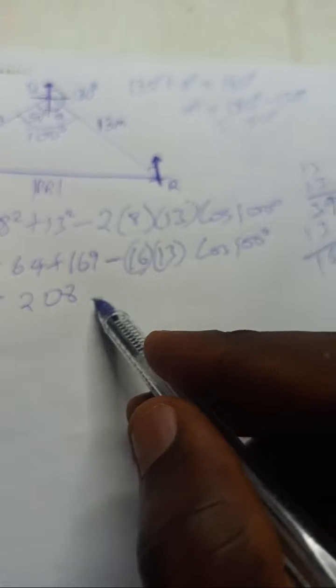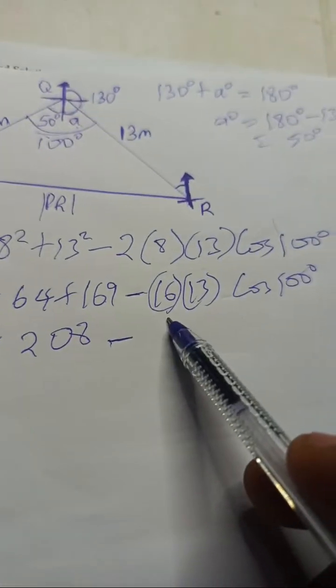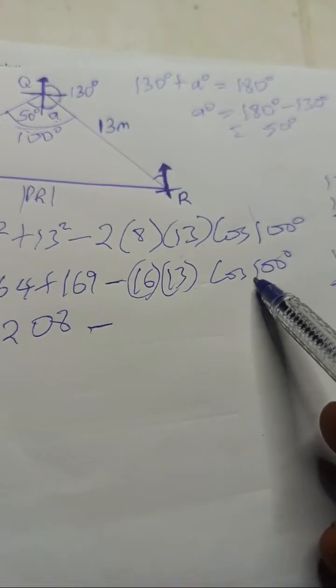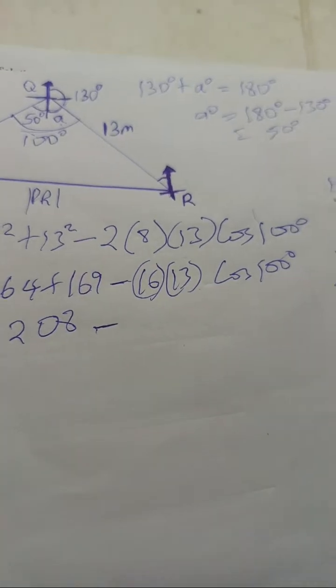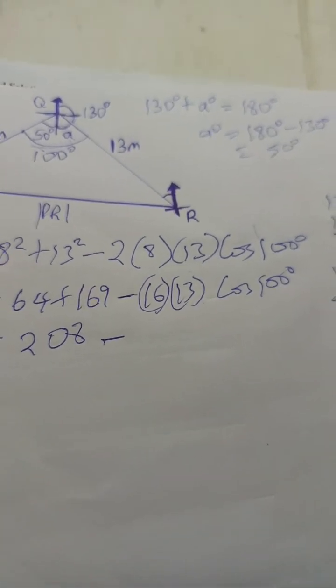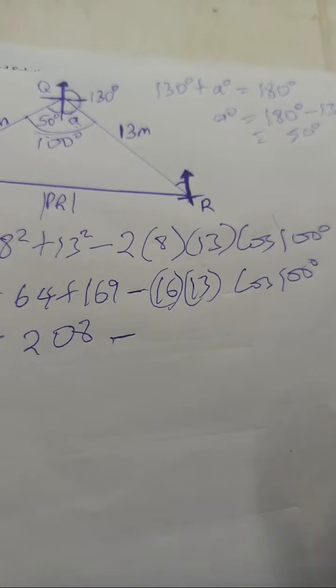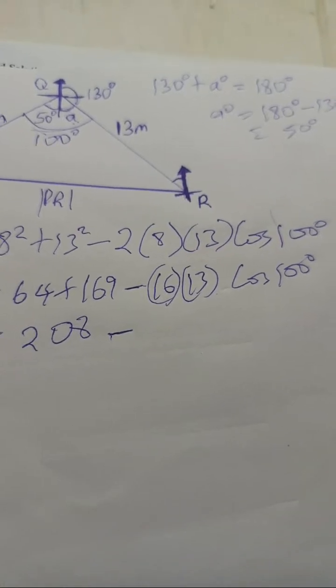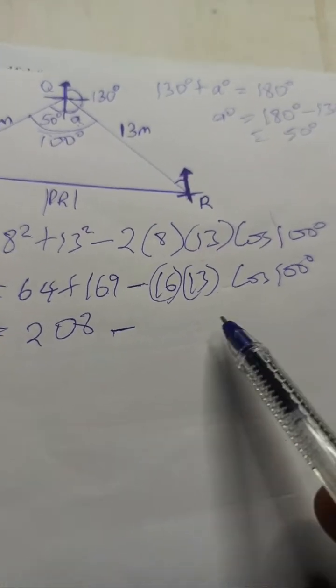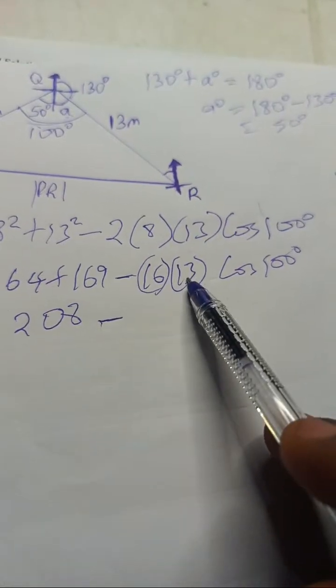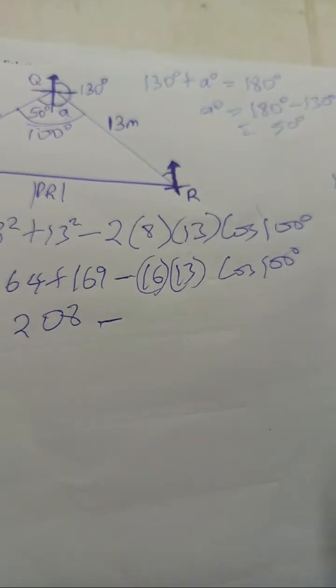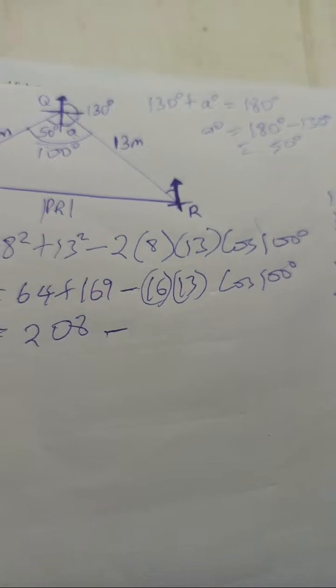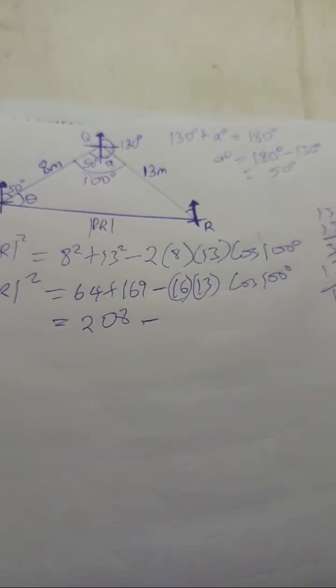Now I want us to do this for me. 16 times 13 cos 100, what should we get there, please? Somebody should do the calculation and put it in the comment section very fast. 16 multiplied by 13 cos 100 degrees. What do you have there? Are we with calculator?